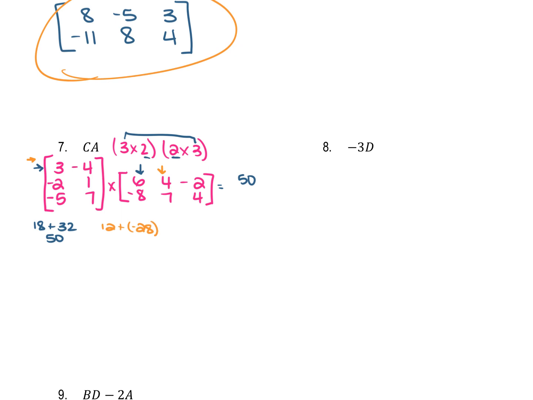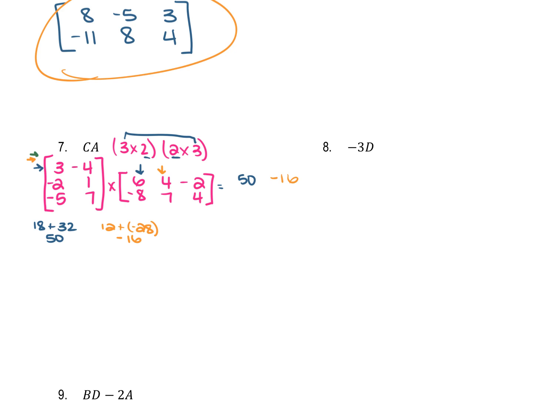When you combine them and add them, this will add different signs. Keep the sign of the bigger number. 28 minus 12 is 16. So it's -16 for the second number in the first row.